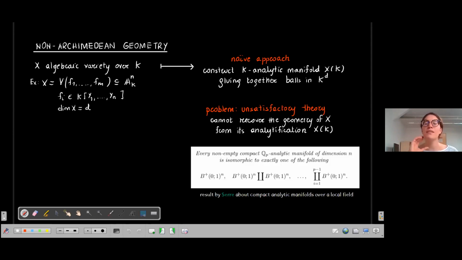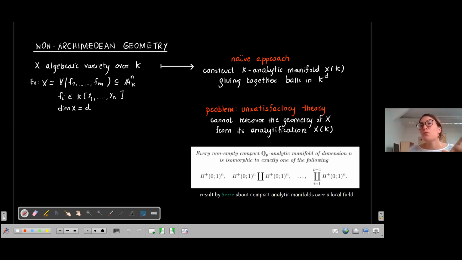So you need to think this is just taking the construction of the complex analytic manifold and following line by line the definition, just replacing C with the field K. I didn't give here the definition of what an analytic function is, but you define it in the same way, as limits of convergent series.